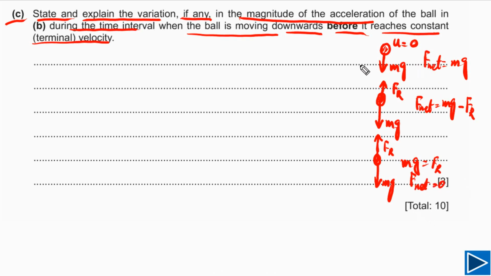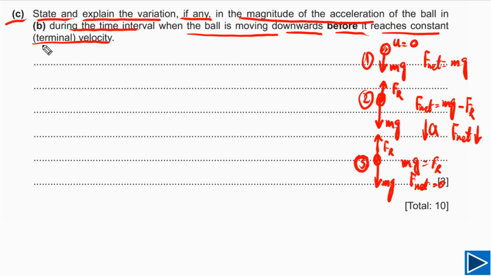Now if we go from point 1 to the second point and then to the third position, you can simply see that the resultant force is decreasing. Resultant force is decreasing, it simply means that acceleration is also decreasing because the resultant force is decreasing.